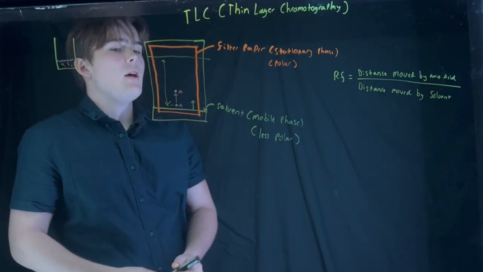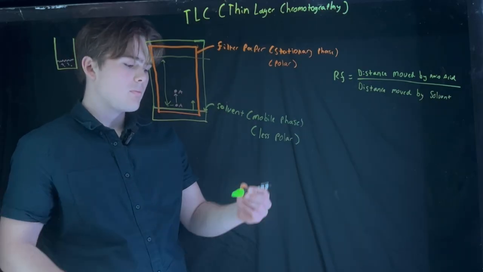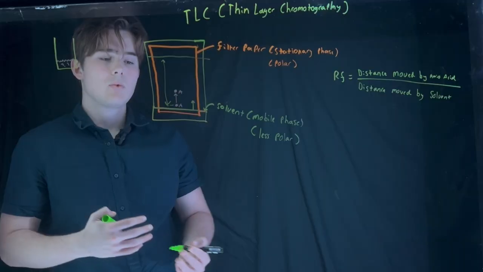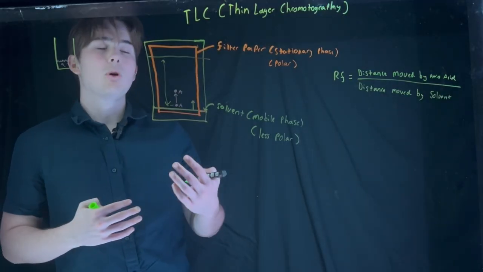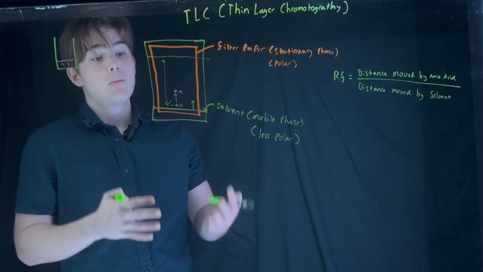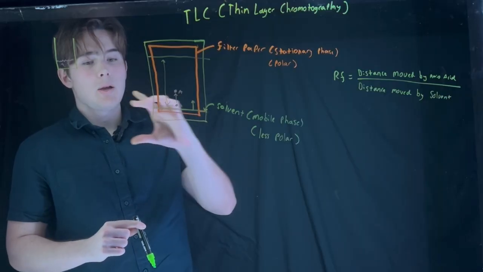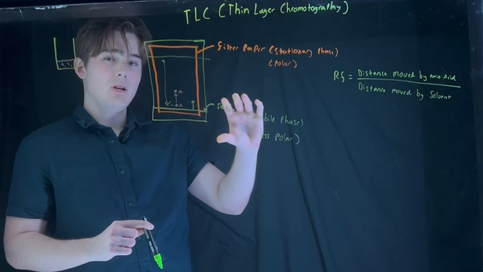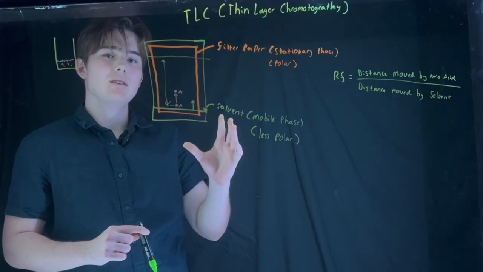Some key things this can tell you about amino acids. A higher retention factor indicates that the amino acid has a less polar side chain. Remember in our video about amino acids, I was talking about how the backbone, or that top part of the amino acid, stays the same. The part that changes is that side chain.